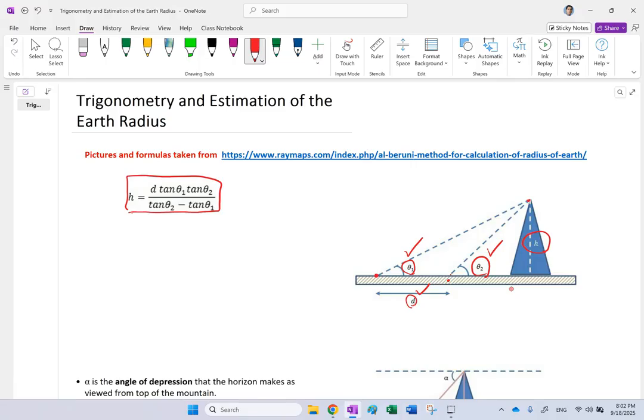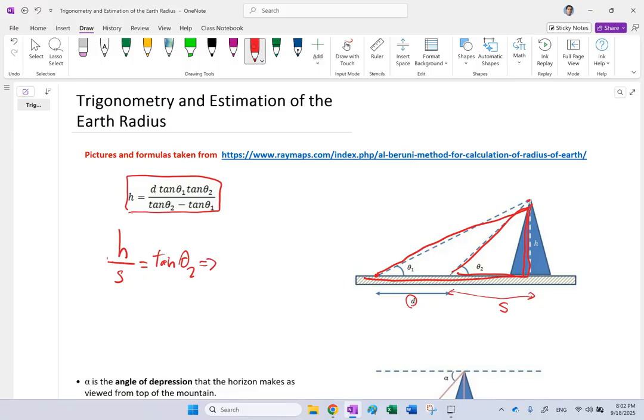If I call the distance from the second position to the bottom of the mountain s, you can clearly see that we are dealing with two right triangles, correct? One of them is this one, and the other one is this one here. If I look at the smaller one, h over s equals tangent of theta 2.